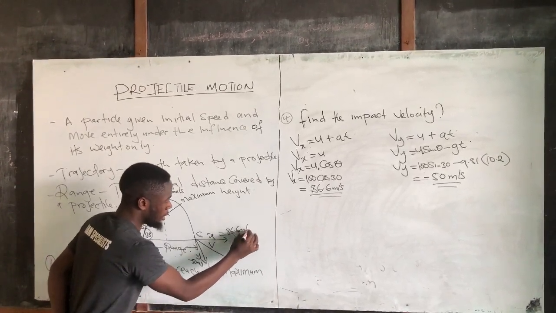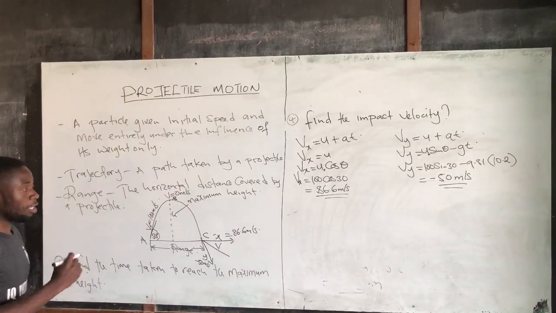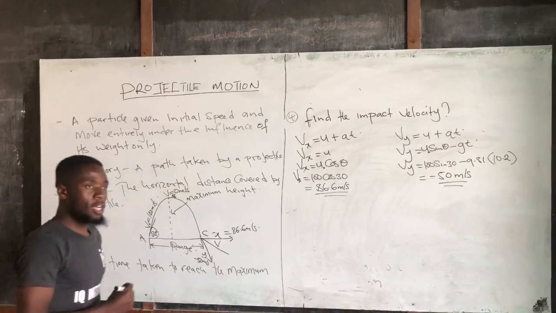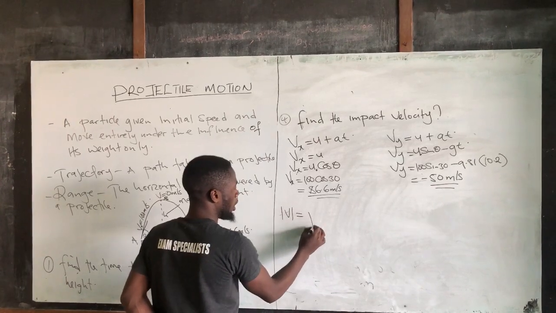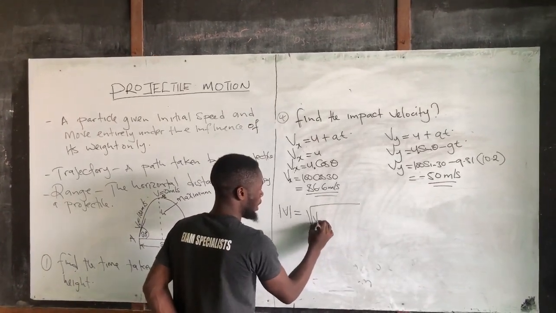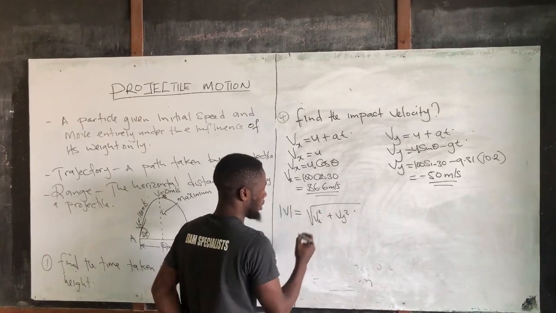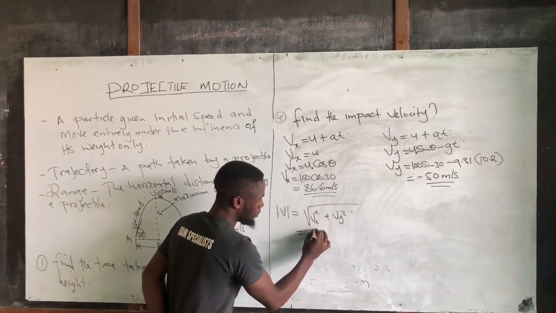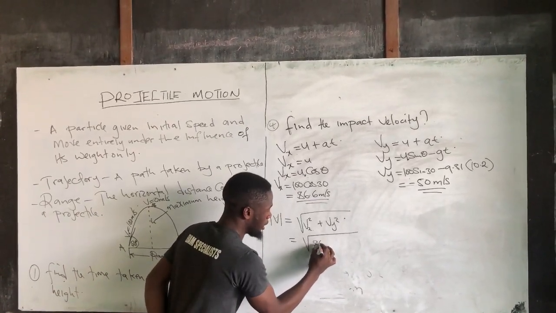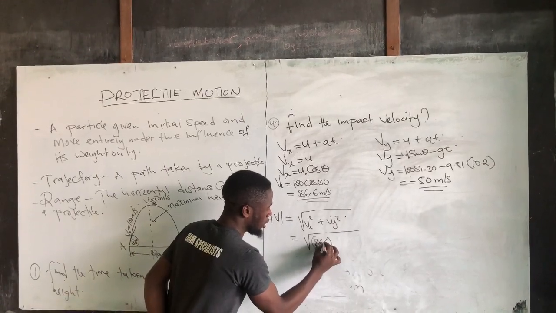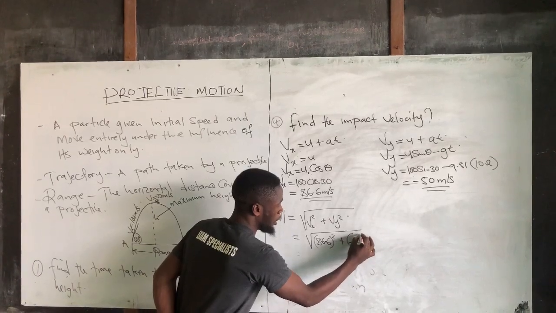So how do we find the magnitude, the impact velocity? The common velocity is equal to the square root of Vx squared plus Vy squared. So it will be the square root of 86.6 squared plus negative 50 squared.